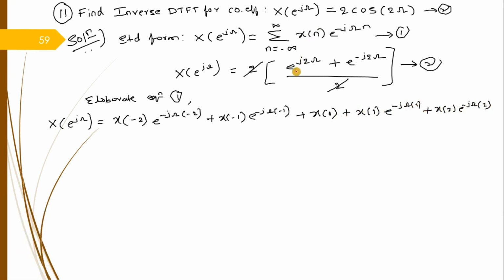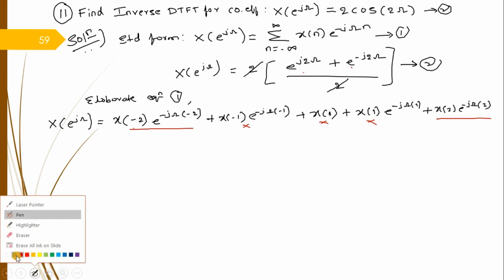Now I'll change the ink for better understanding. You compare here. Where can I get these two? e raised to j2 omega is here. See here, minus j, minus and minus goes to plus j2 omega. So this quantity, and for minus you have this quantity. Everywhere else it is not present, so I can omit it. I can do this by inspection method.